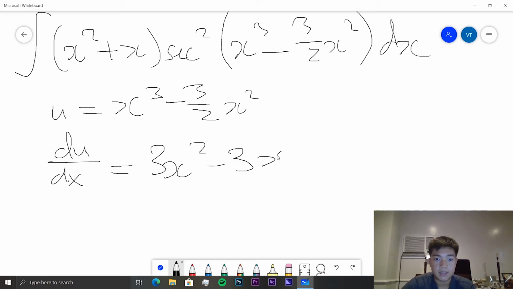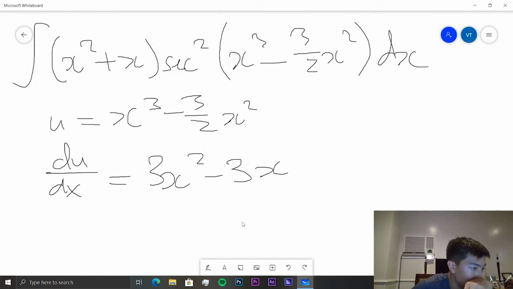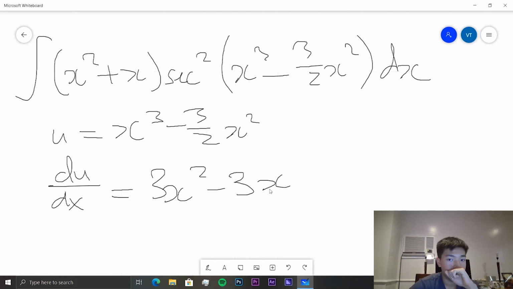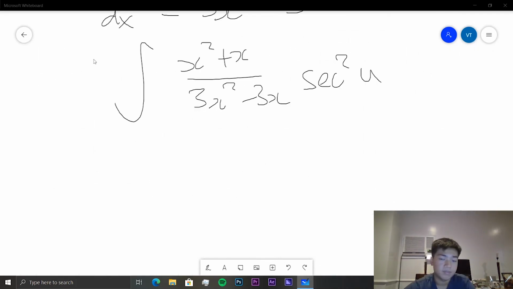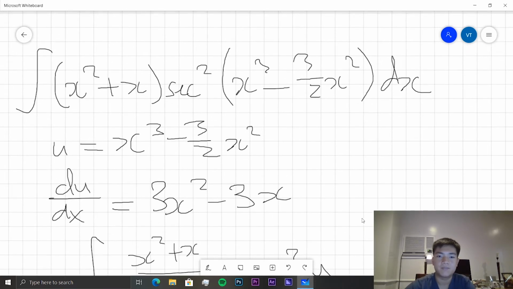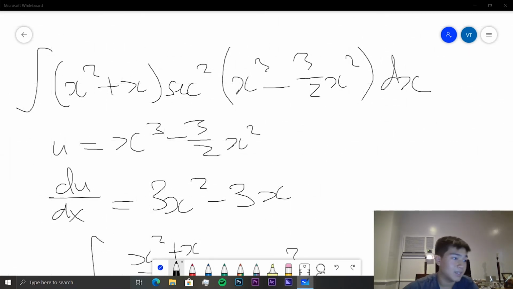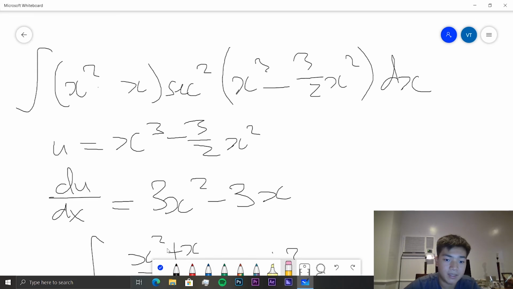minus 3x. So it's minus or plus? Interesting. Okay, I think the textbook made a mistake. I've just looked at the answer, and yeah, they've made a mistake, because this is supposed to be minus x.